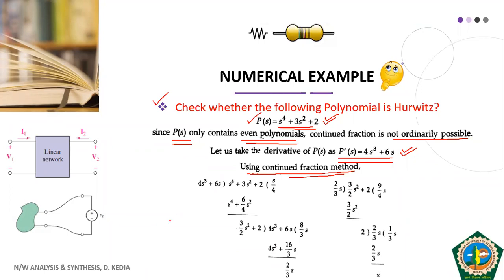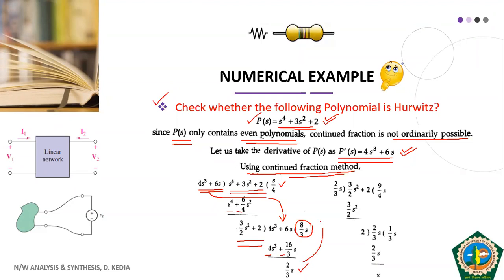So now what we do, the polynomial having lower power, obviously the derivative will have lower power, that will become the divisor. The second polynomial will become the dividend. We will divide. This is the quotient. Then we subtract. This is the remainder. This remainder becomes the divisor for the next term, and this divisor becomes the dividend. So we again divide, we get a quotient, we subtract the terms, and we get 2 by 3s as the remainder.